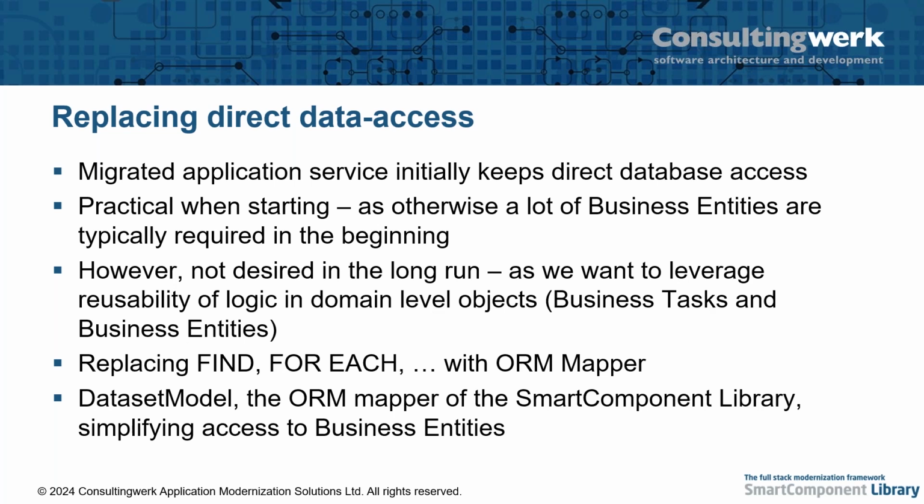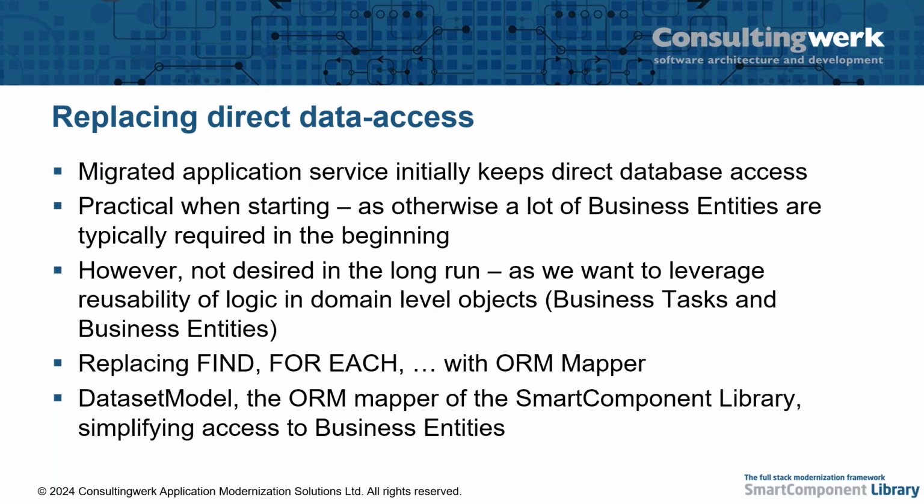We were still having direct access into the database table, and following the principle of the OpenEdge reference architecture, we probably prefer to reuse data access from specialized components, business entities, and dataset classes.